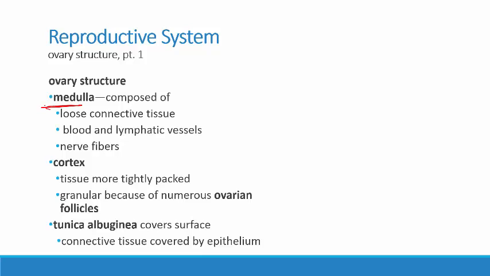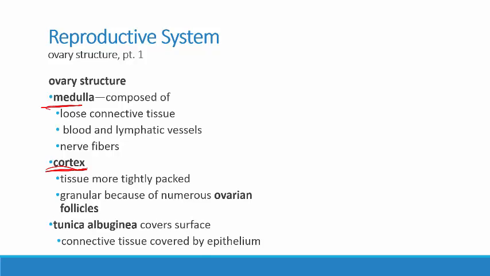The business portion of the ovary is the cortex. Despite the sound of this word, I think of it as the rind, the outer portion of the ovary. Here the tissue, rather than being a loose connective tissue, is much more tightly packed, and it appears granular, kind of grainy when slices of it are looked at under the microscope.